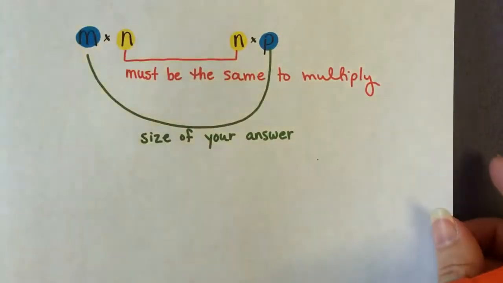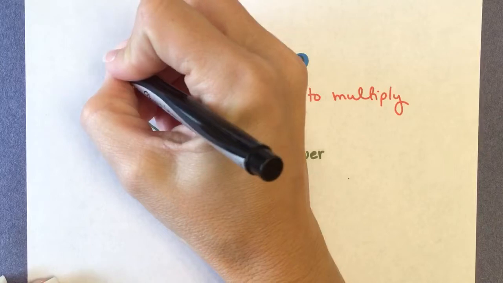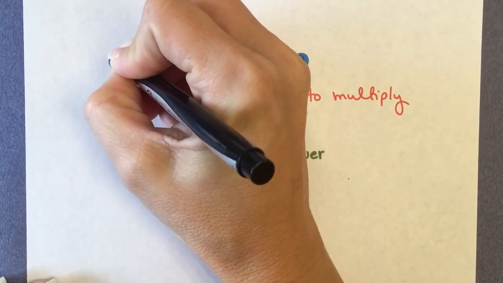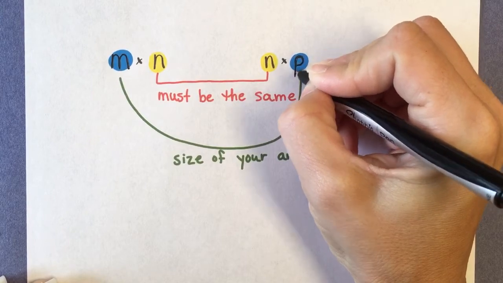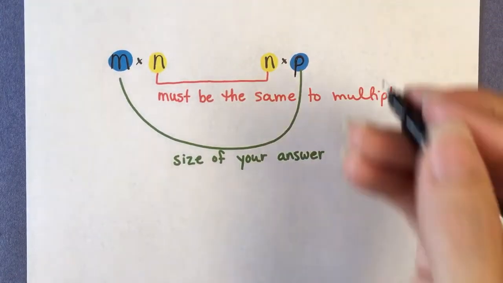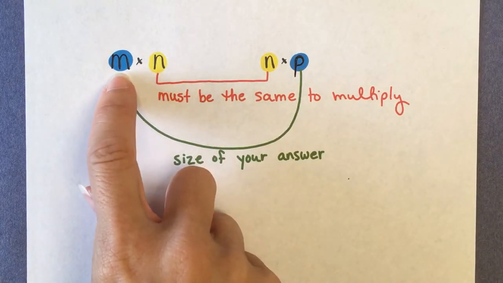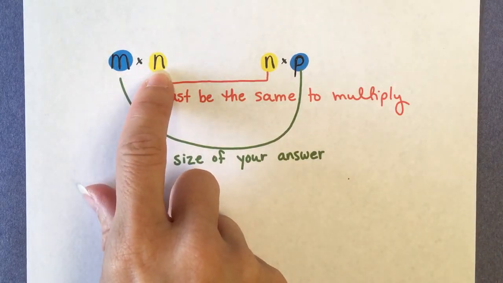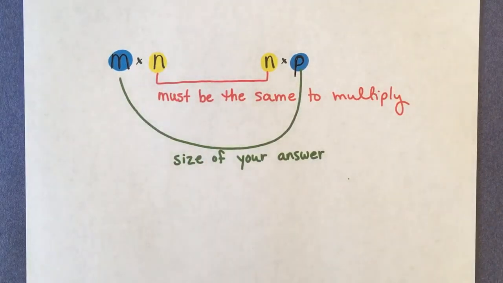Now, to be able to do the multiplication, they don't have to be the same size, like with adding and subtracting, okay? So let me explain what I have down here. What I have here, this m by n, this is representing the size of the first matrix.